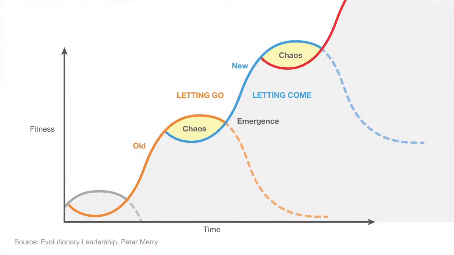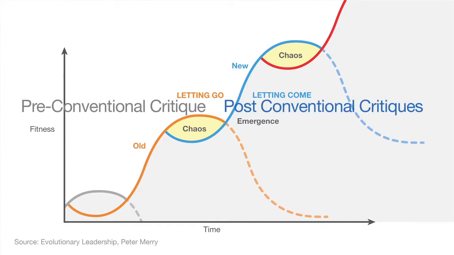So as we're looking at culture and getting a sense of the next steps, it's very important for us to distinguish between what might be pre-conventional critiques and post-conventional critiques of the culture. The post-conventional ones are what's going to take us to the next level. It's what's going to help the culture shift, help the culture become transformational.